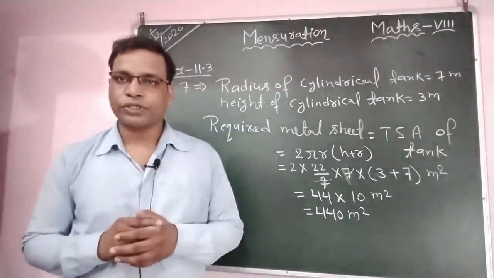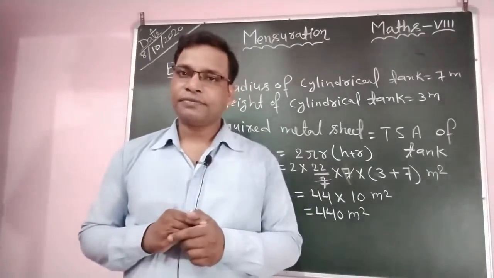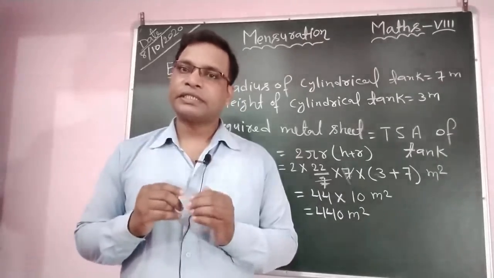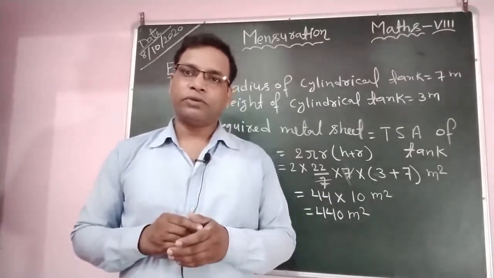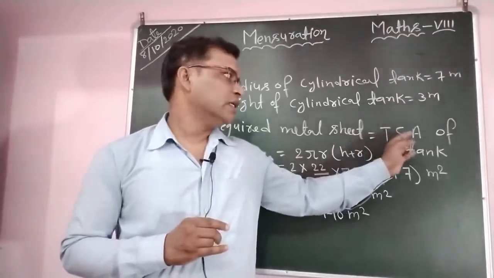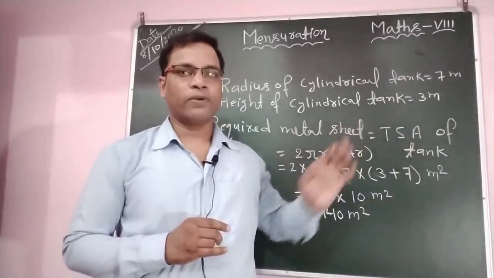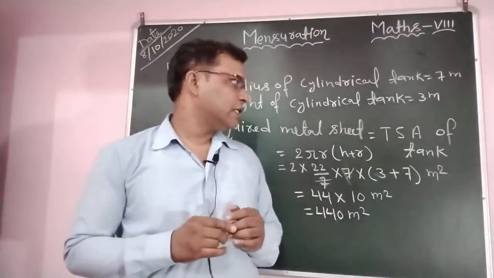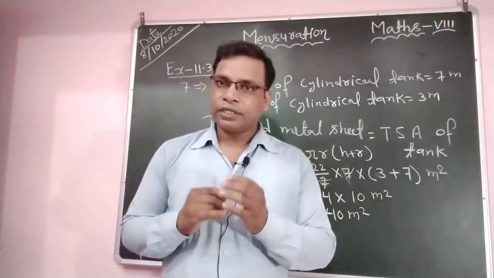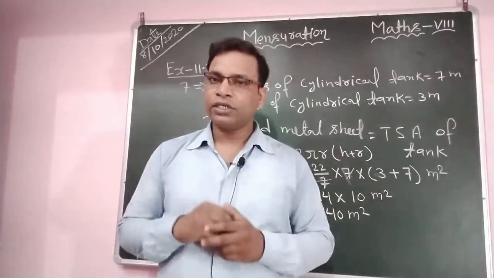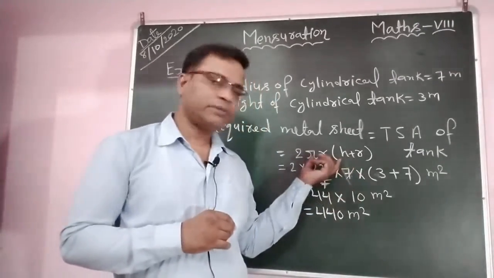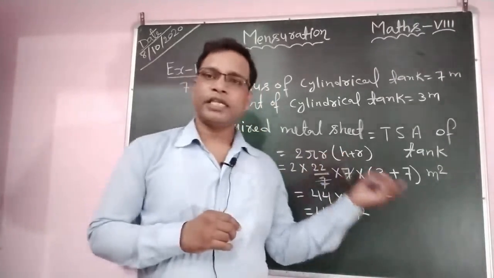So first we find the total surface area of the cylinder, which you can write as TSA: T means total, S means surface, A is area. The total surface area of the cylindrical tank, you know very well, is 2 pi r into (h plus r), so we use this formula.